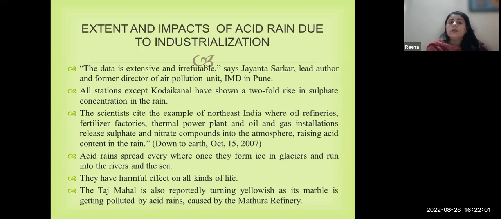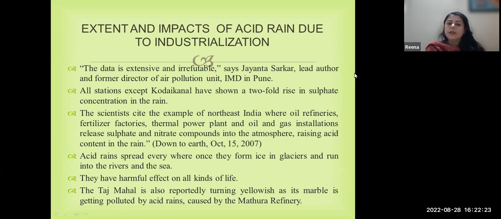But now the data is so extensive that it is irrefutable, and scientists cite the example of Northeast India, where oil refineries, fertilizer factories, thermal plants and oil and gas installations were there in major numbers, and they have caused acid rains in those states.